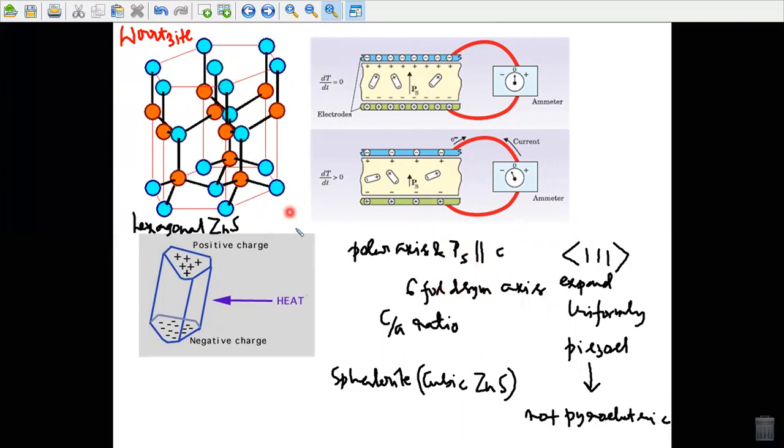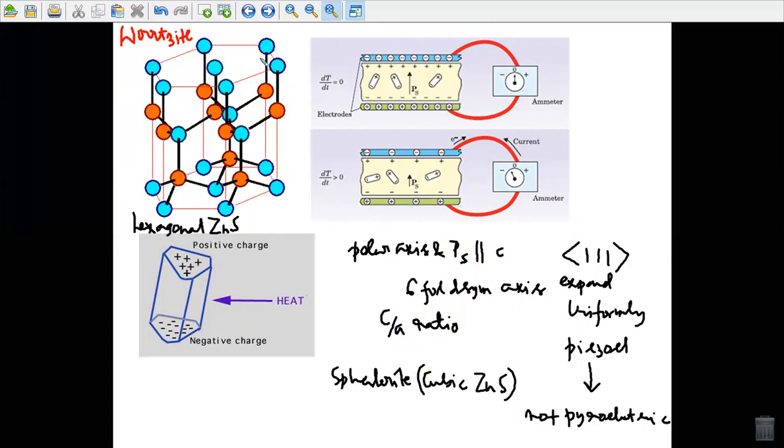When a wurtzite crystal is heated, it undergoes an anisotropic thermal expansion. The resulting change in the c/a ratio accounts for the fact that wurtzite is pyroelectric as well as piezoelectric.